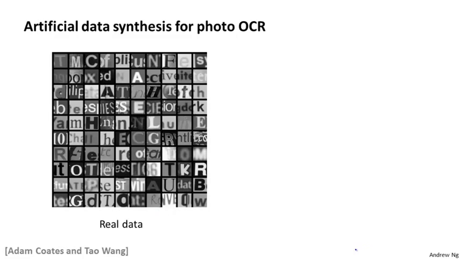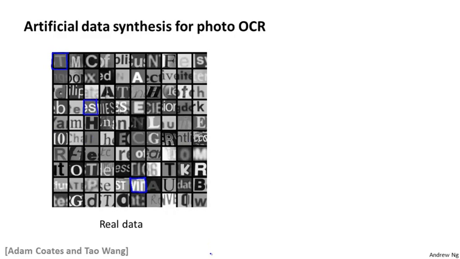And for the sake of simplicity, I'm going to treat these images as grayscale images rather than color images. It turns out that using color doesn't seem to help that much for this particular problem. So given this image patch, we'd like to recognize that that's a T. Given this image patch, we'd like to recognize that that's an S. Given that image patch, we'd like to recognize that that's an I, and so on.